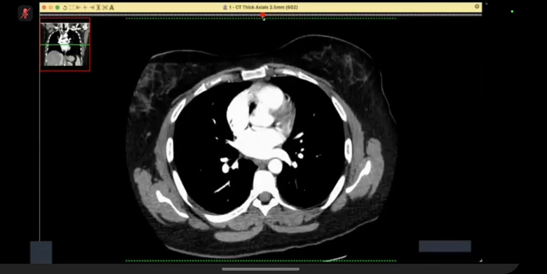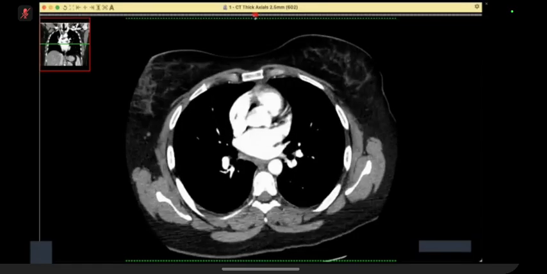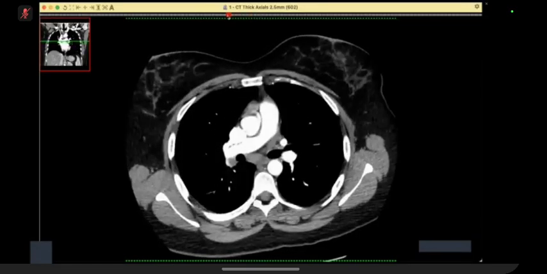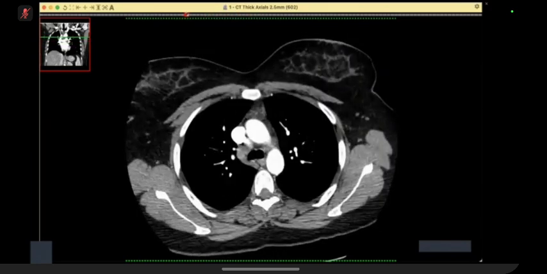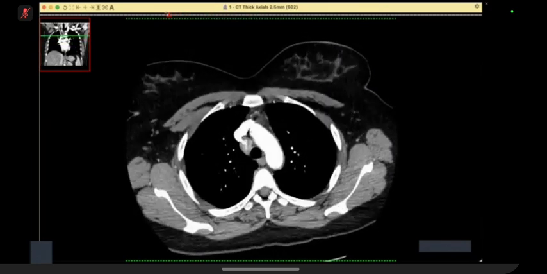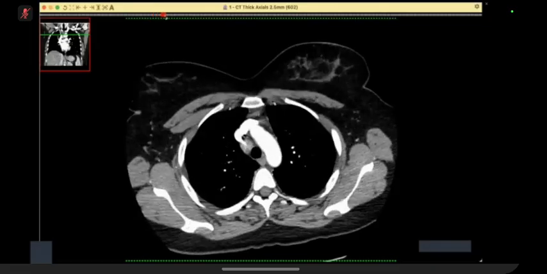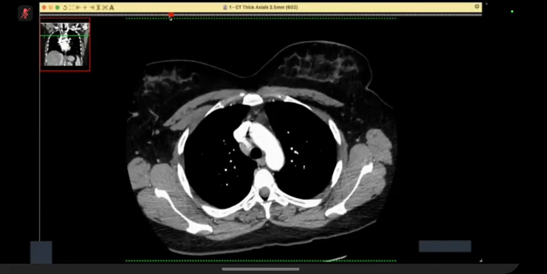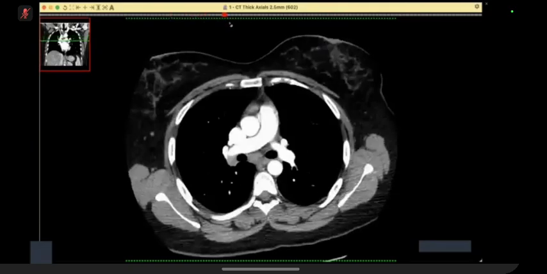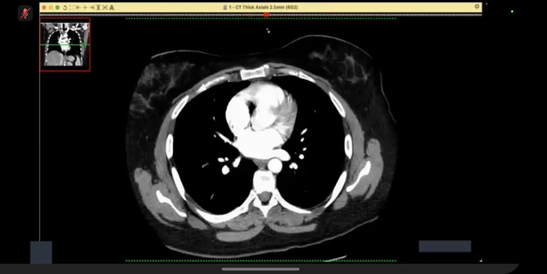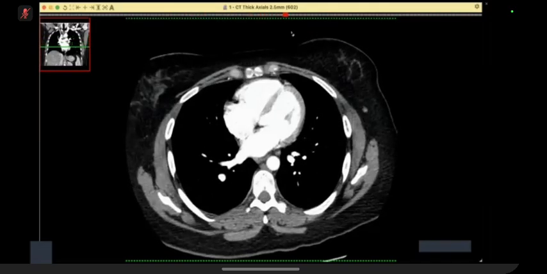Sorry, there's just a bit of a lag. You can see there are enlarged mediastinal lymph nodes. I can't see any other abnormality at the mediastinum. The vessels are normal.